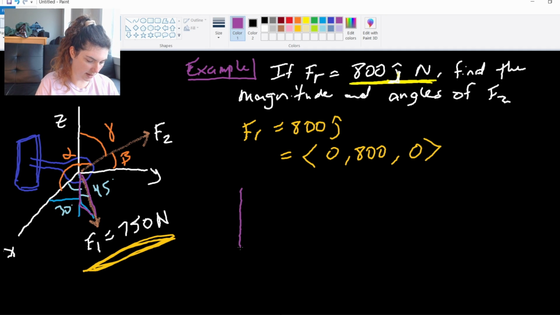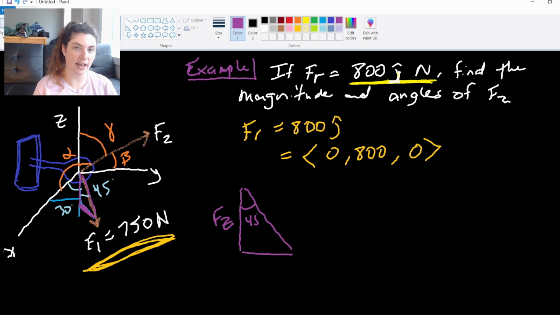If we break this out, this is a 45-degree angle where we have a downward z component. This is the FZ component. But this downward side here is actually in the XY direction. It is not just an X component. It is not just a Y component. It is in both directions still. FXY. And then this side is our F1, the full magnitude of F1.